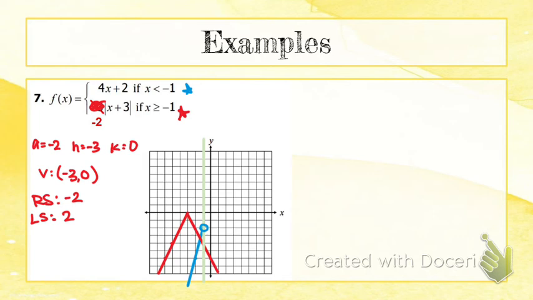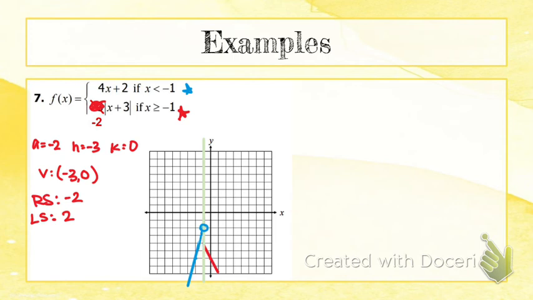Okay. Now let's look at the red function. So the red function is only applicable when x is greater than or equal to -1. So we are going to erase everything on the left side of our line for the red function. I'm going to have to redraw some blue in there because this is an iPad, not a piece of paper.